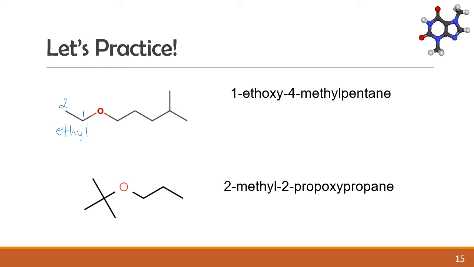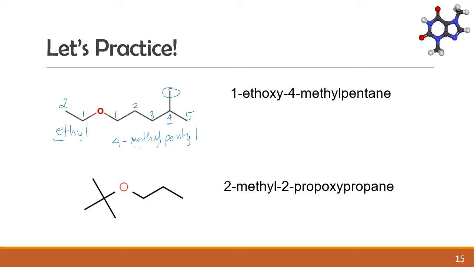The chain on the right side has 1, 2, 3, 4, 5 carbon atoms, so its name is pentyl. Pentyl has a methyl substituent in carbon 4, so we attach methyl to the pentyl name and add the carbon number. This gives us 4-methylpentyl.